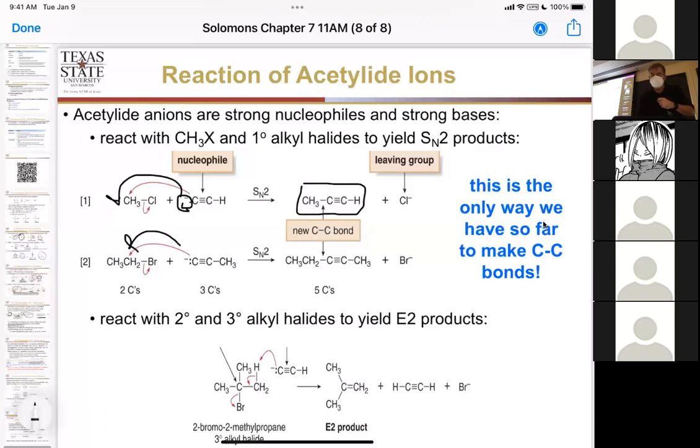Okay, so in this case you formed this 1 bond. Can you add more carbon-carbon bonds to this? Well, it still has a hydrogen on the acetylene, so you can actually deprotonate the other side and react it with something else. You could take this, deprotonate it again, and put 2 carbons on the opposite side.